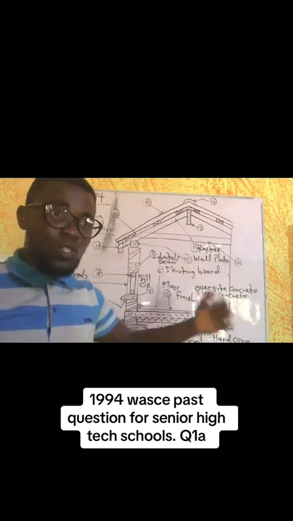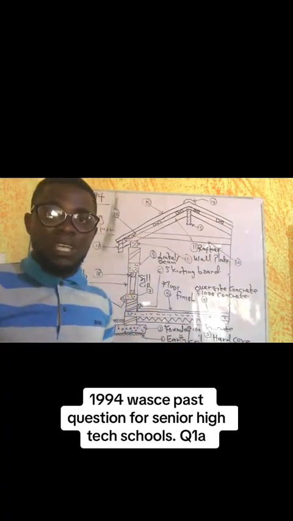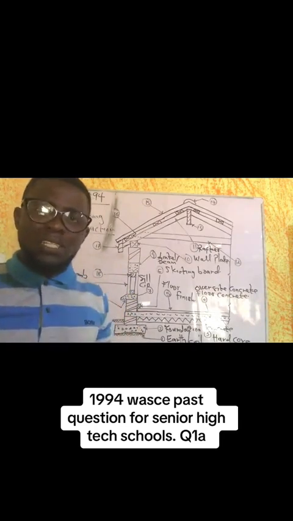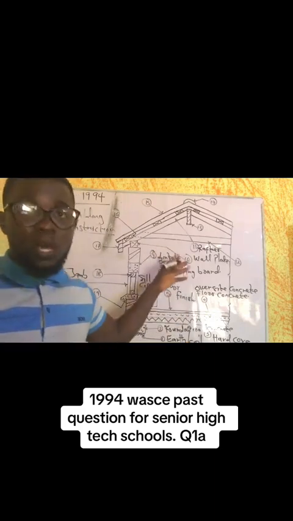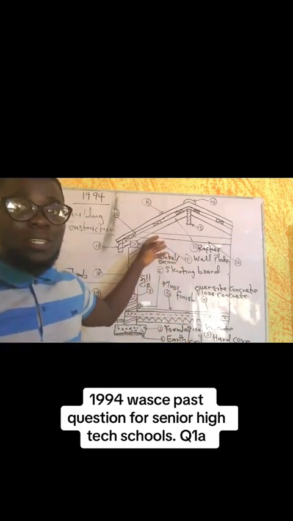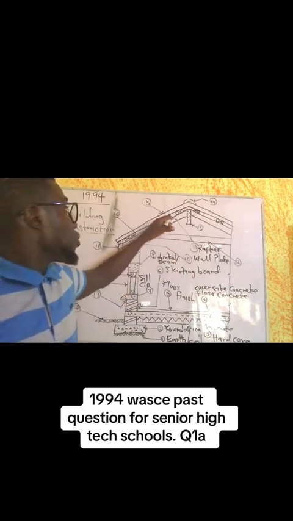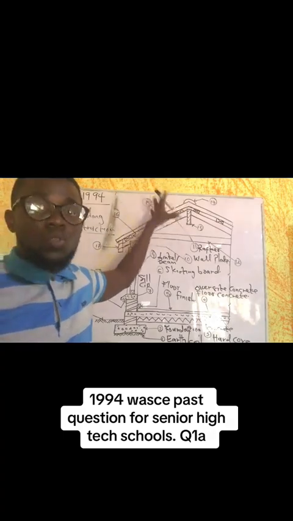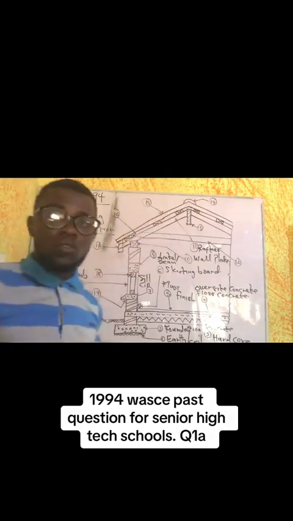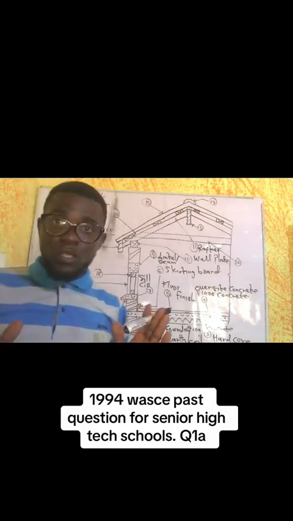The centers, you need to do the centers well, because of the load. If you don't do it well, it will just collapse. So this is carrying the major load of everything when it comes to the roof. I think it's okay for now.